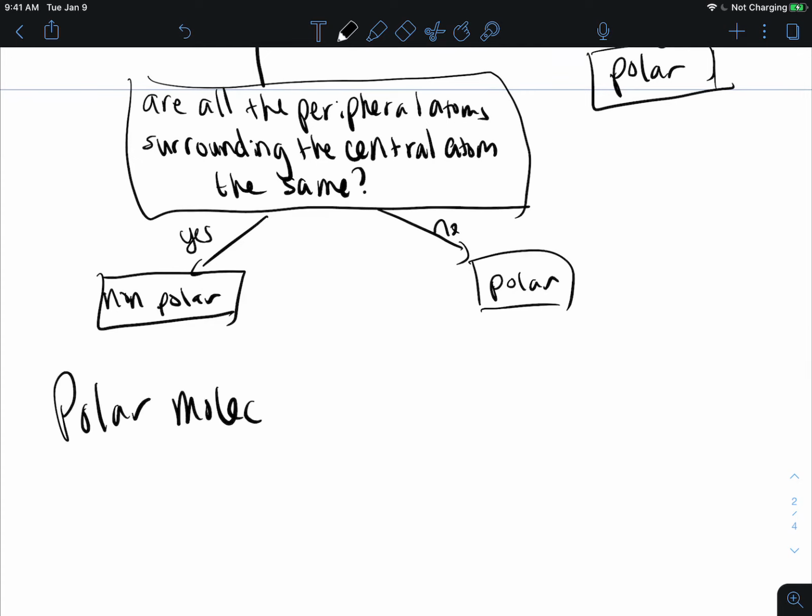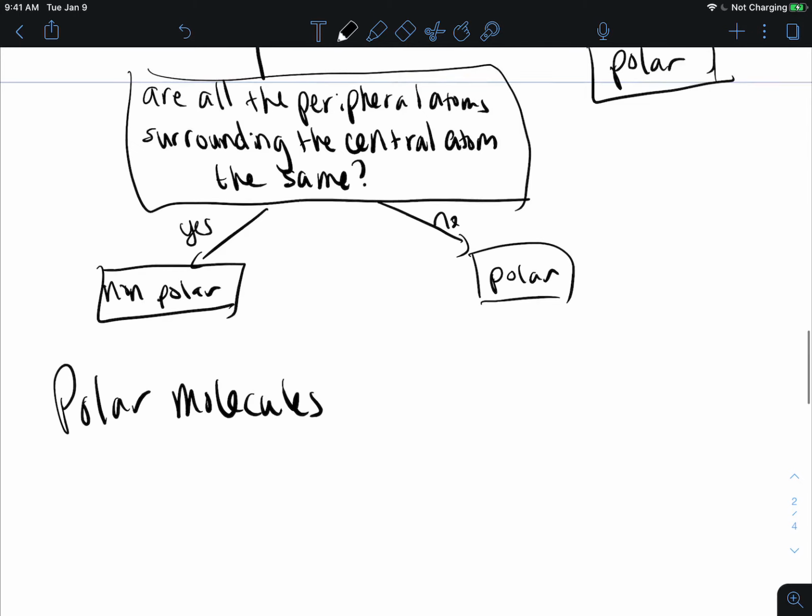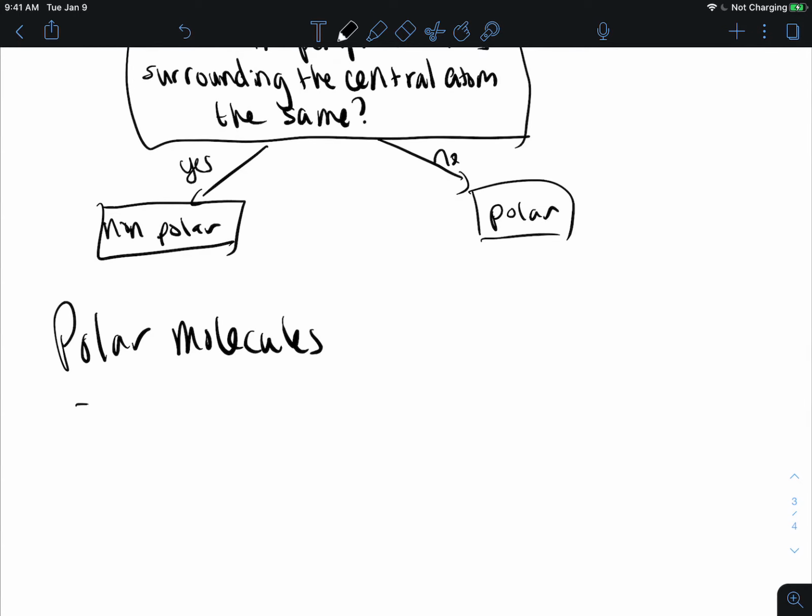Polar molecules contain a partial positive and a partial negative area, so they contain partial charges. We know from our electrostatic potential energy that positives and negatives want to get together. And the greater those partial positives and negatives, the greater our molecules are going to hold on to each other.